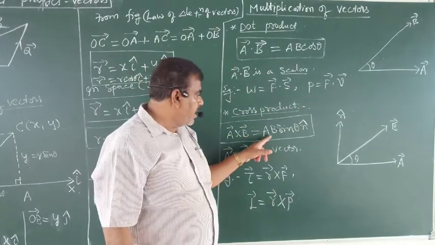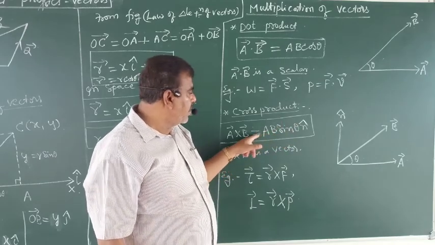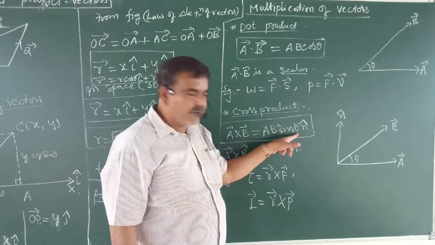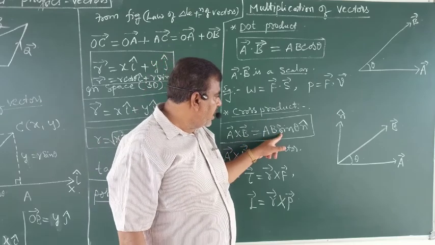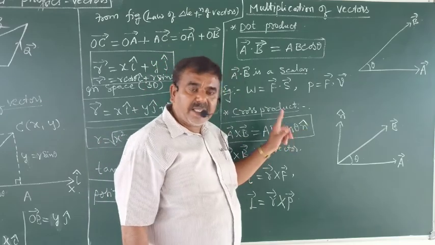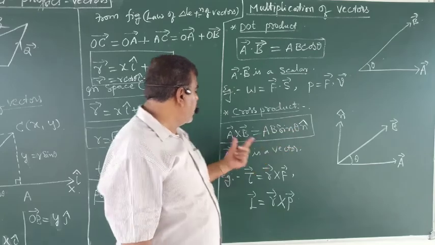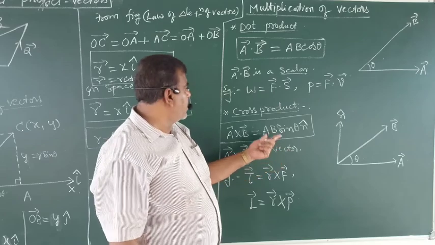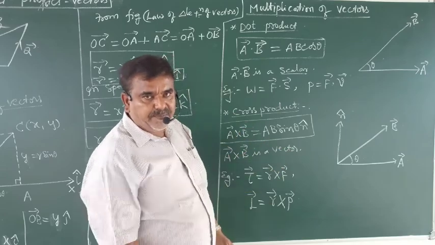Magnitude of vector A, magnitude of vector B, sin theta is again a scalar. Magnitude into magnitude into magnitude is magnitude. This is a scalar. A scalar multiple of a vector is a vector. Therefore, the right side is a vector. The cross product of two vectors is a vector. That is why the cross product is also called the vector product.